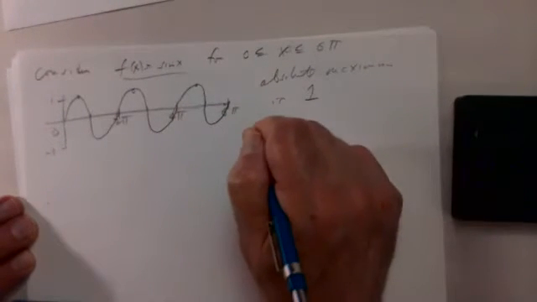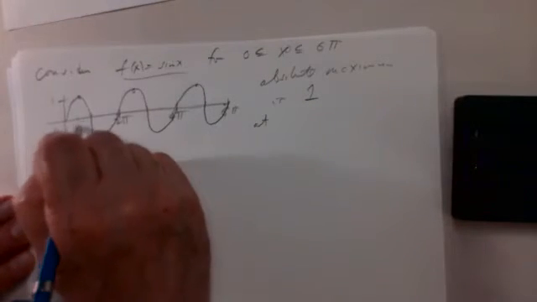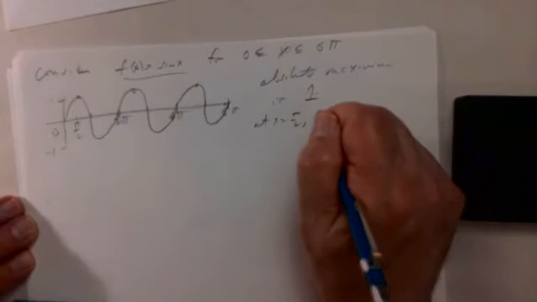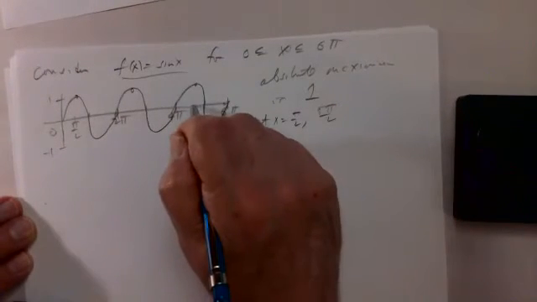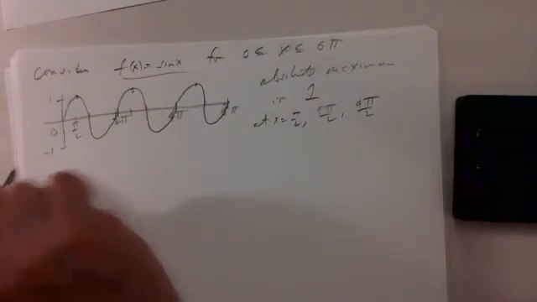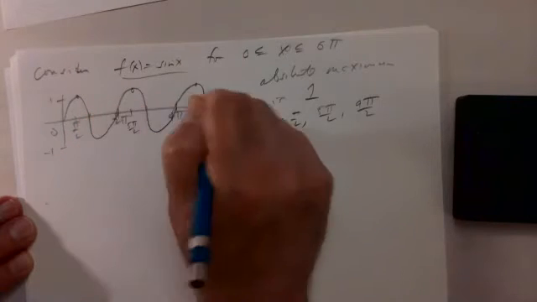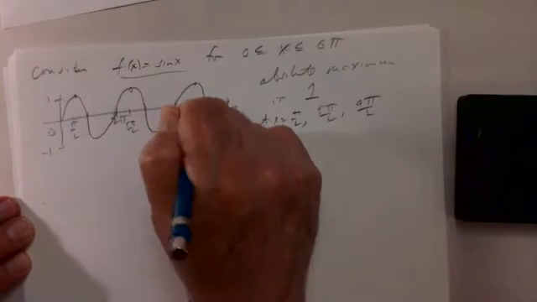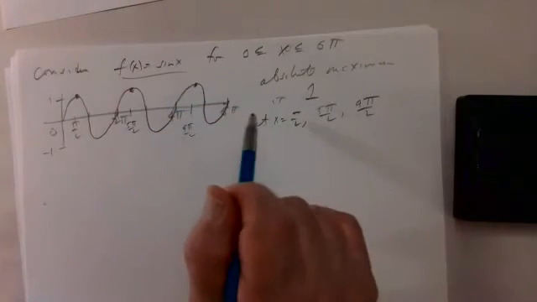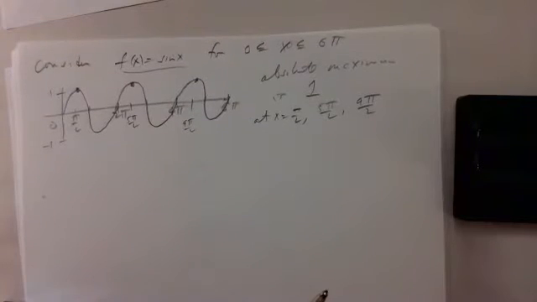And it occurs three different times in this interval: at x equals pi over 2, 2 pi plus pi over 2, which is 5 pi over 2, and 4 pi plus pi over 2, which is 9 pi over 2. So the absolute maximum is 1, and it happens to occur 3 times.